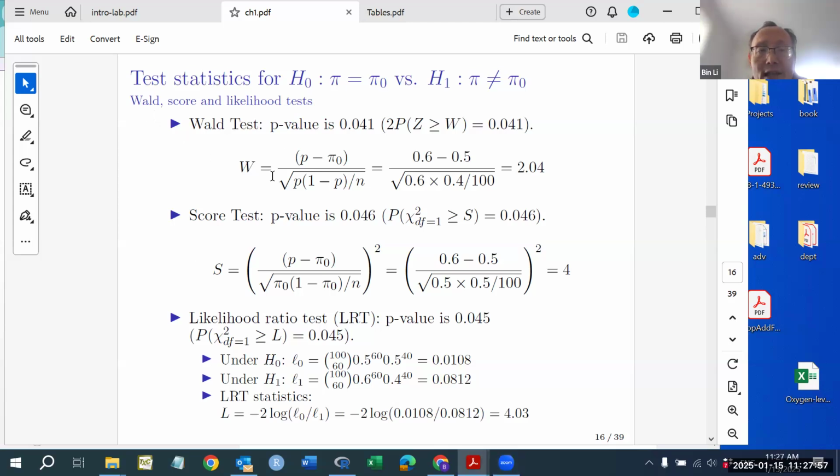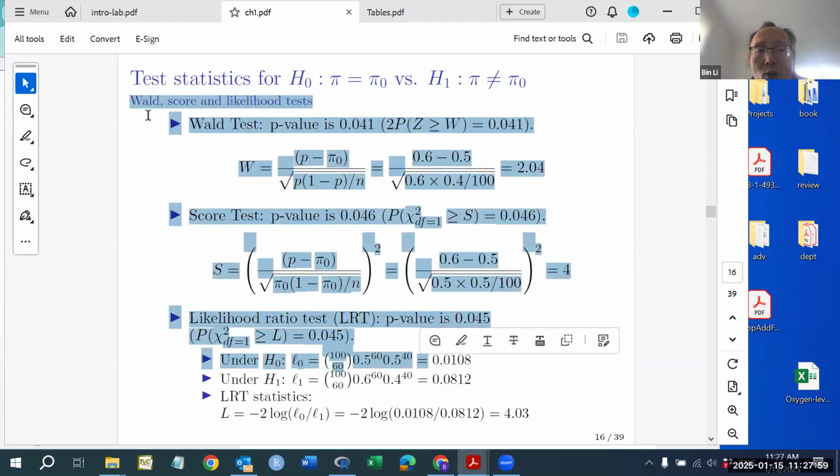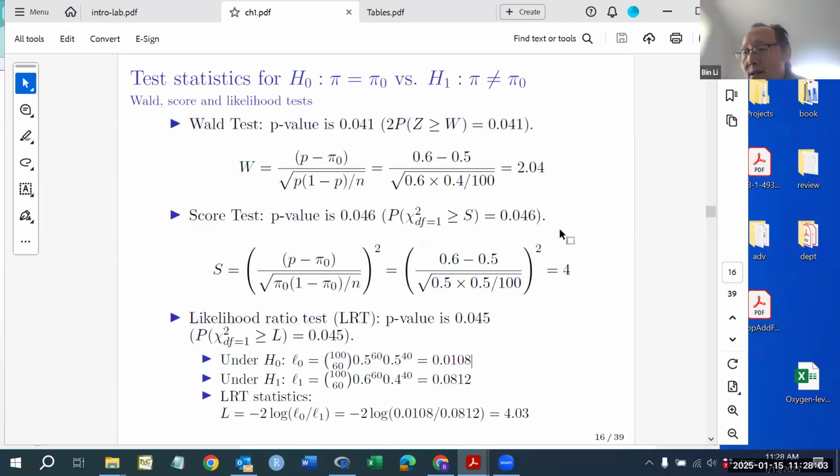In the next few slides, I will compare these three tests. Of course, there are many other tests. If you want to include other tests, you can do some research to see what the characteristics are and what situations favor a particular test.